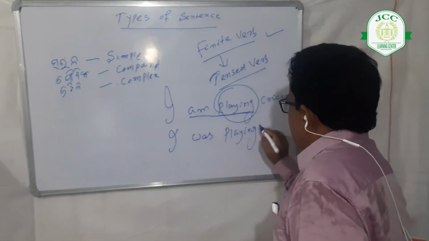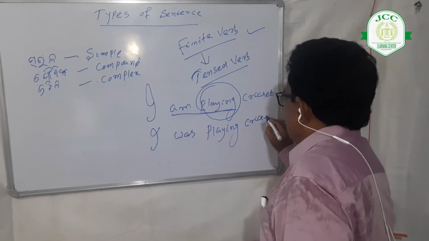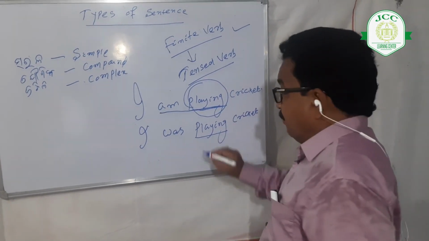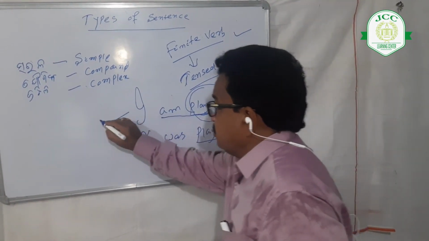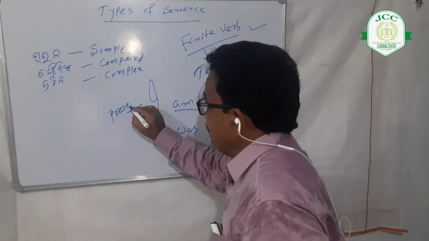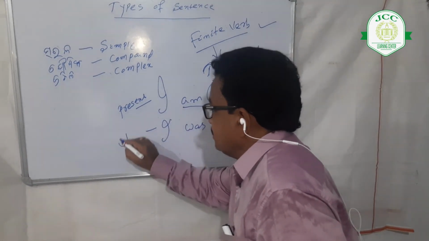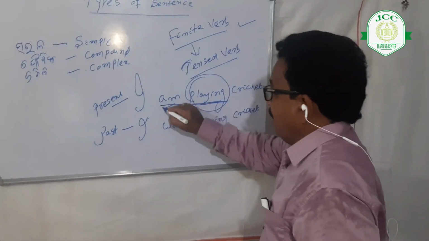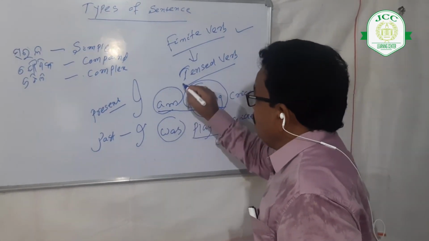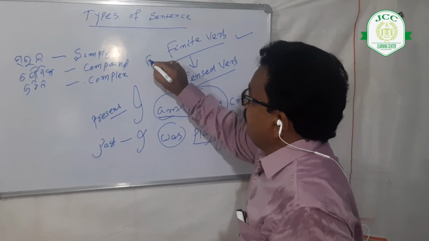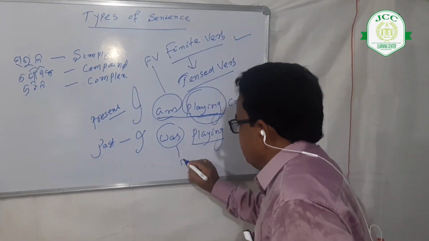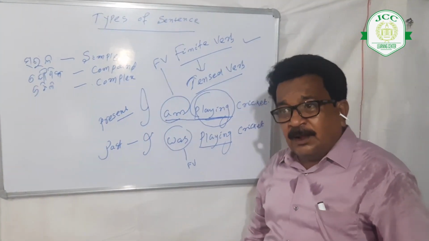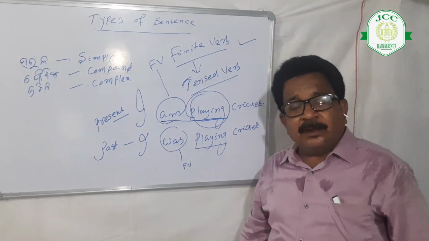Let me tell, I was playing cricket. Here is playing. Here is playing. But this sentence is present and this is past. How did you know? From am and was. So am is the finite verb, was is the finite verb. I think you are clear about the finite verb.